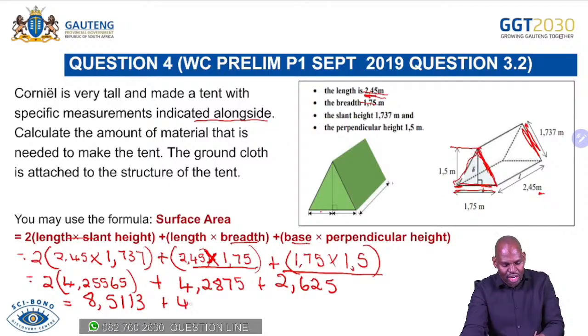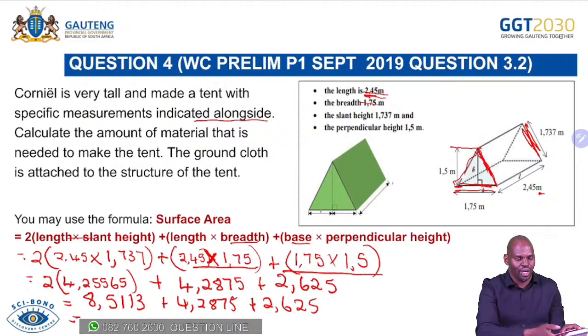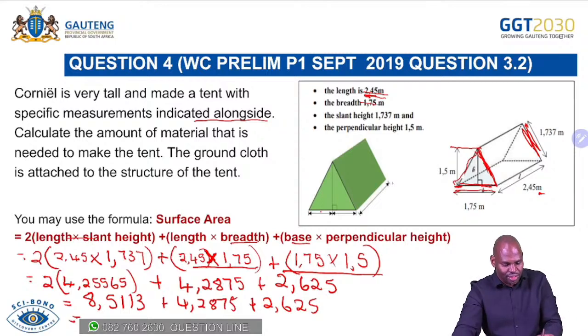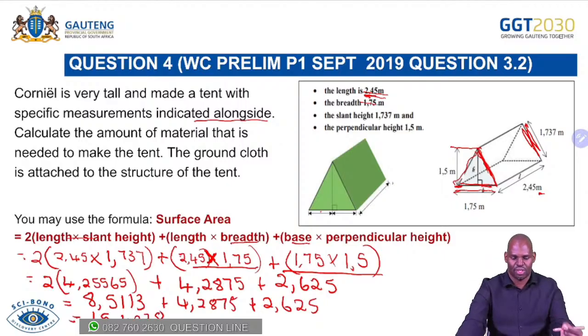So we still have to add 4.2875 plus 2.625. Then there we can get our final answer. We get 8.5113 plus 4.2875 plus 2.625. The answer is 15.4238.